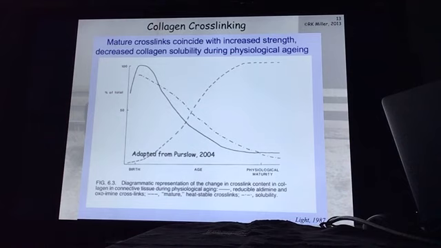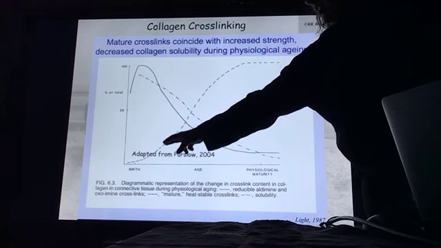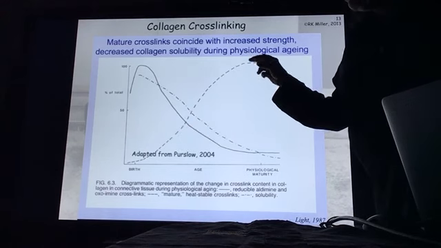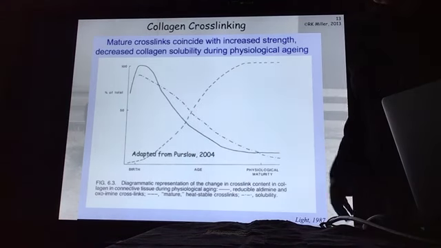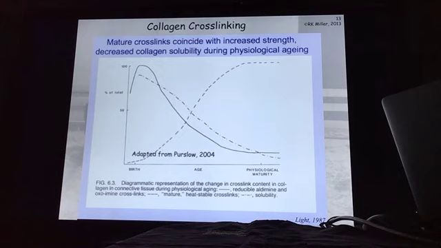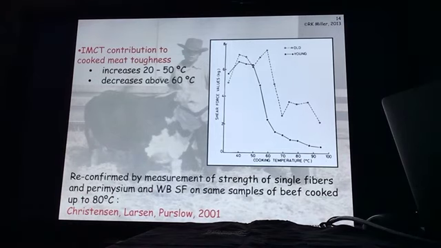You can look at those relationships and see how as you convert the heat labile to heat stable, or immature to mature, percent solubility goes down. And that's so that muscle, because we're just looking at paramecium here, and we're not looking throughout the whole body, we know that it's going to need to gain strength. And that's part of the aging process. That's why collagen has been studied so much, because it's an important part of the aging process.